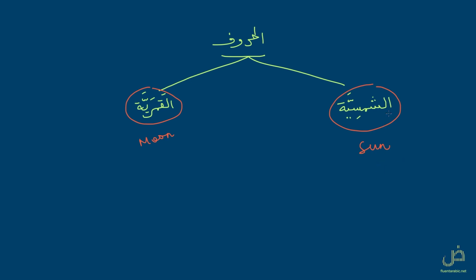For the huruf al-shamsiyya, we add the alif lam and we assimilate the lam into the first letter. And then we add a shadda. So we pronounce ash-shams.